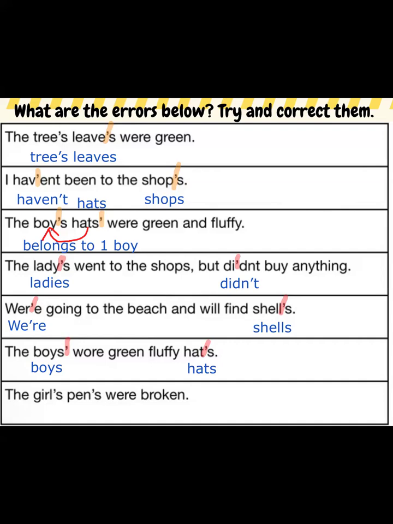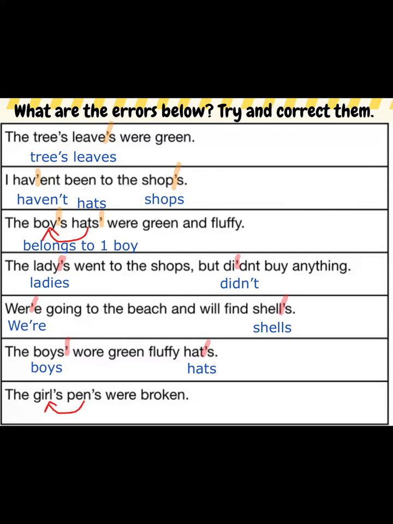And the final one, the girl's pens were broken. Now, it is one girl. So again, the pens belong to the one girl. And what I then need to think about, this bit here, it's one girl.